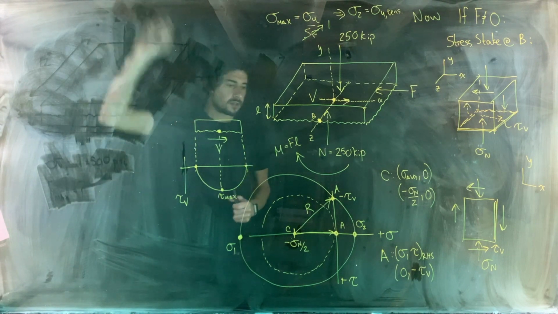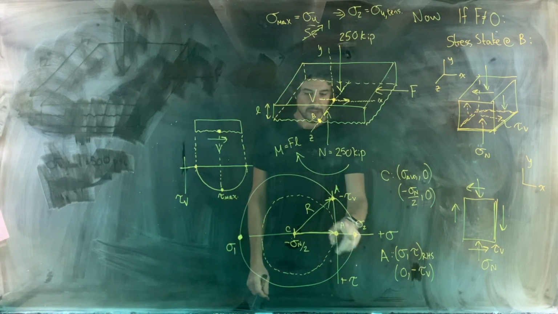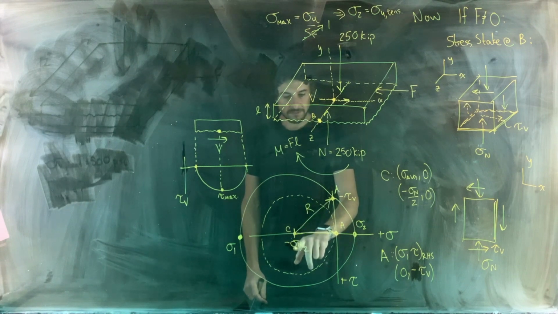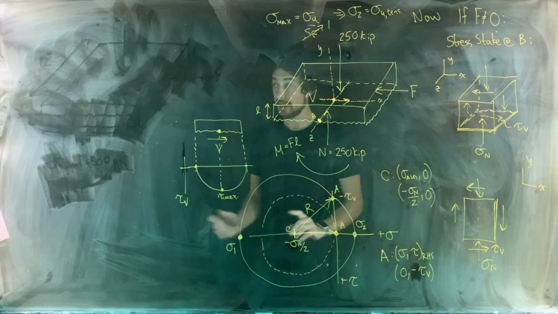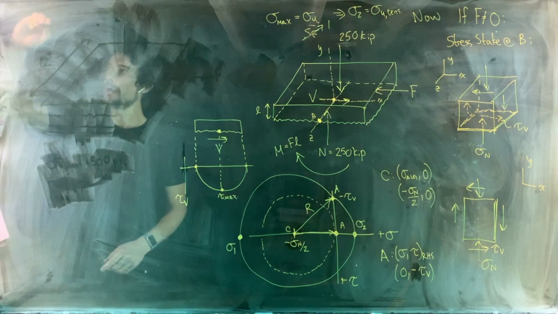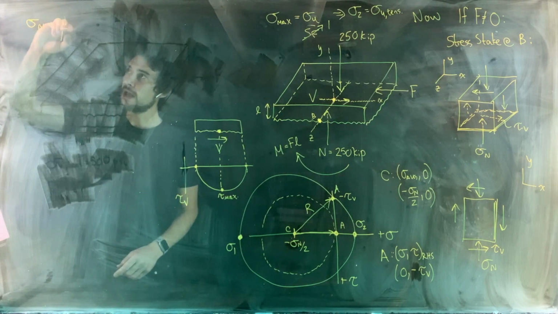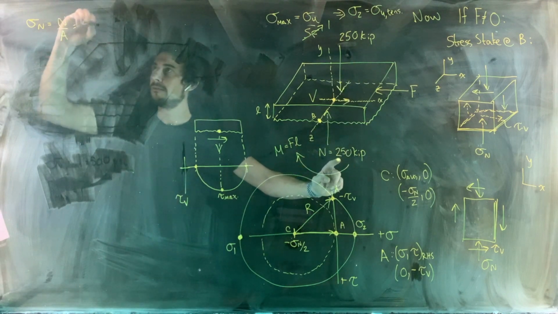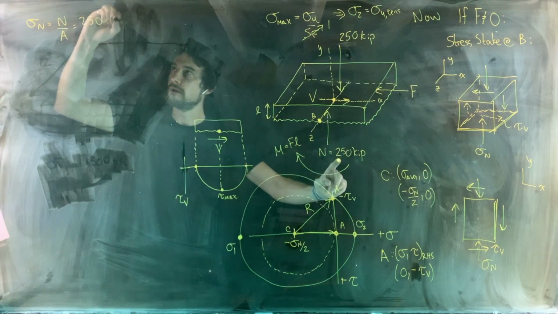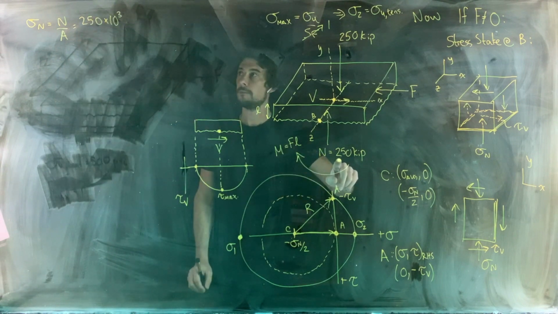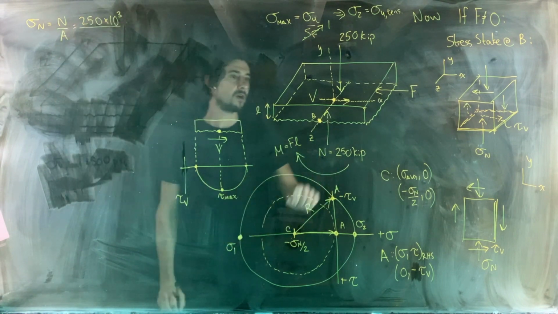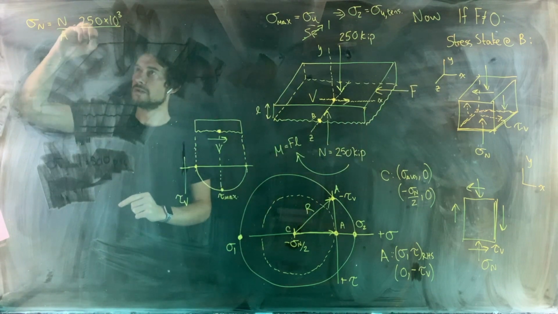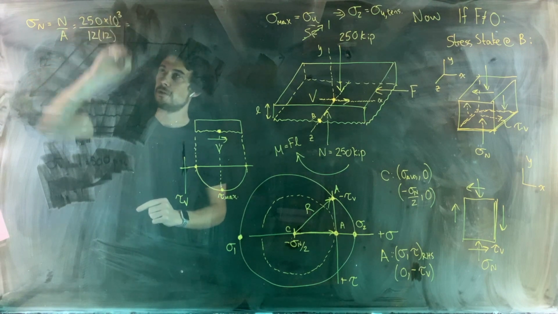Okay, so sigma 2 is going to be the center of the circle plus the radius. For the center of the circle, we need to know the value of sigma n, so let's get that first. So sigma n is simply N divided by A, and we've got a normal force of 250 kip, so that's 250 times 10 to the 3 pounds, divided by our cross-sectional area, which was 12 inches by 12 inches. So we've got 12 times 12 there.